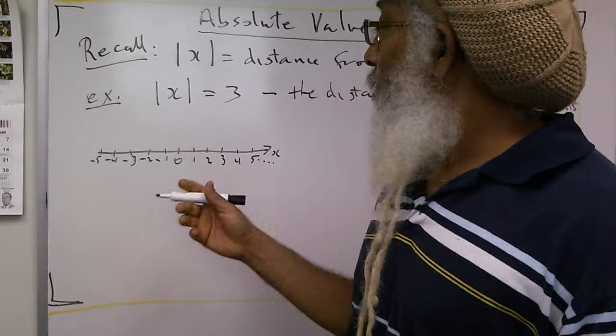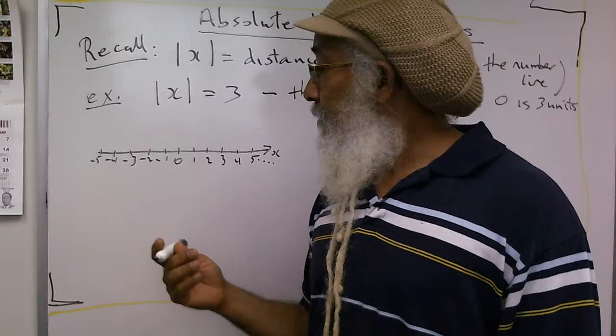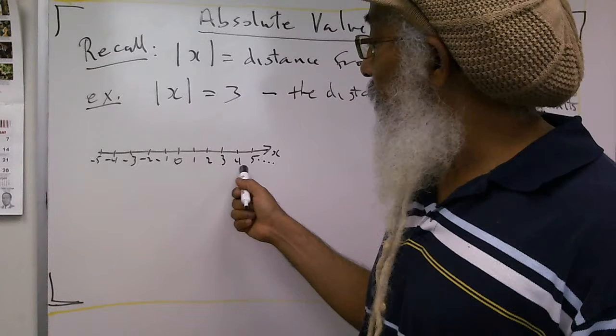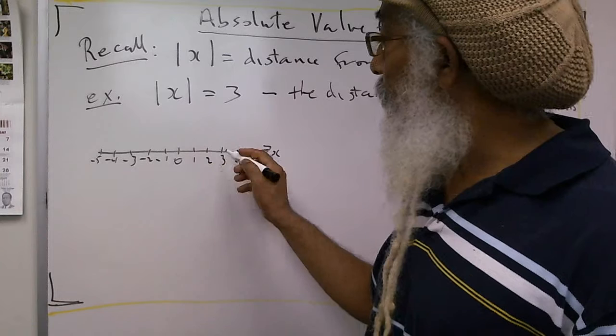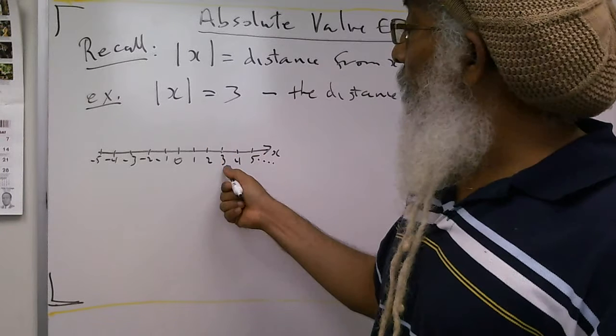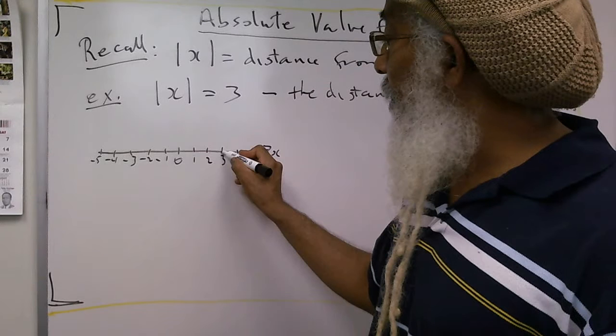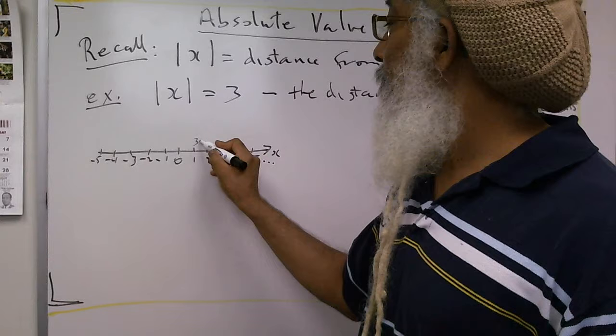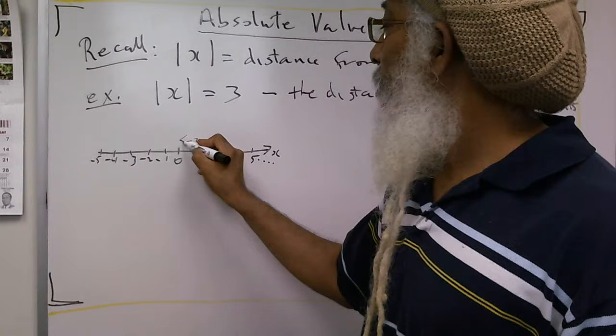We remember that the labels on a number line give us the actual distance of the point from 0. So for example, the point that is labeled 3 is labeled 3 because it is situated 3 units from 0.